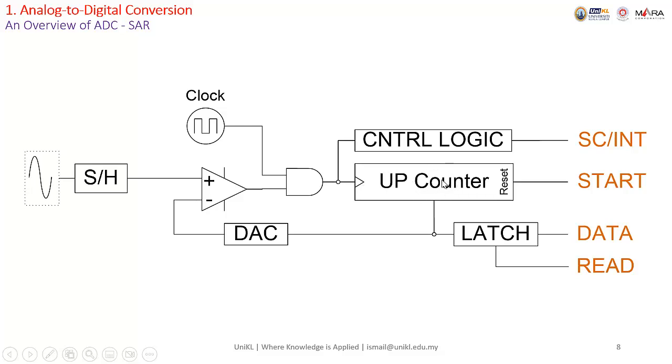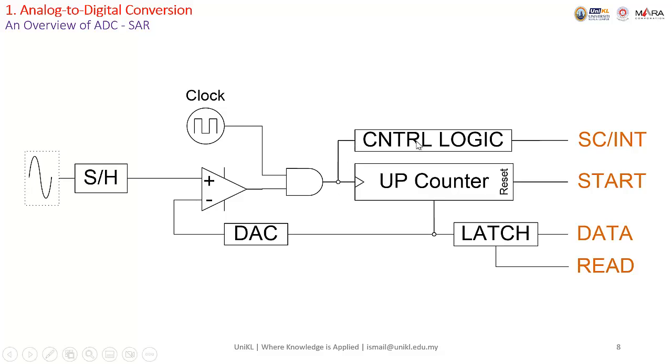So the counter will increase, and increase, and increase until the output of the DAC approximately exceeds the input signal here. So the output here becomes 0.